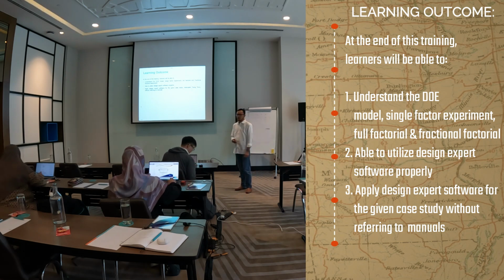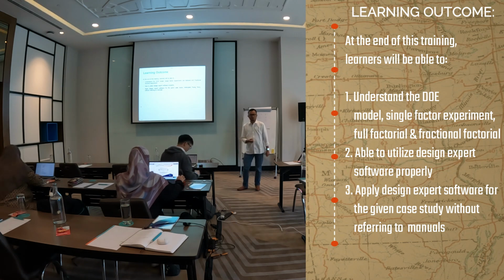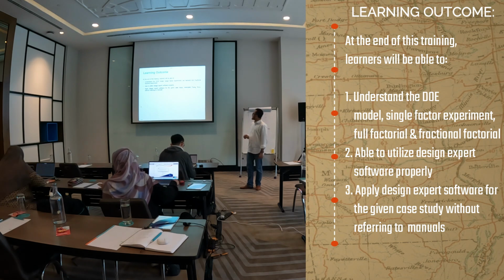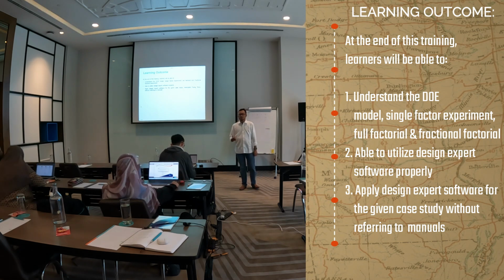Secondly, we will be able to utilize the DOE software, Design-Expert software, properly. Thirdly, we can apply the Design-Expert software to the given case study. In this case, we will have helicopter flying time. Maybe after the break, we will have this case study, without referring to manuals, so you will have hands-on later on for this. So these three are our learning outcomes.